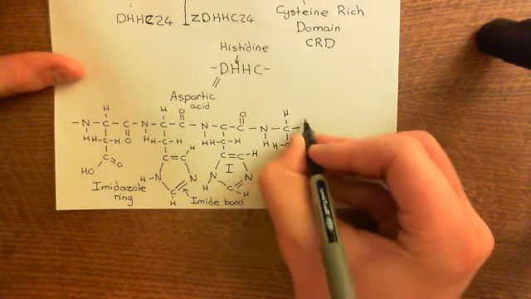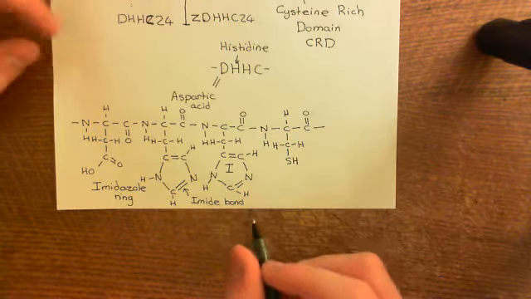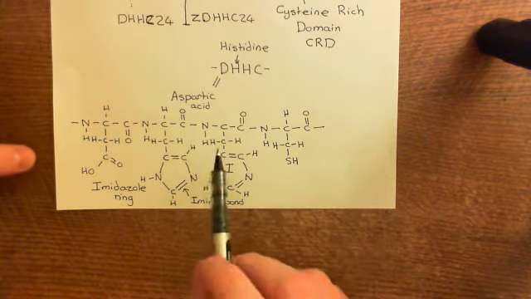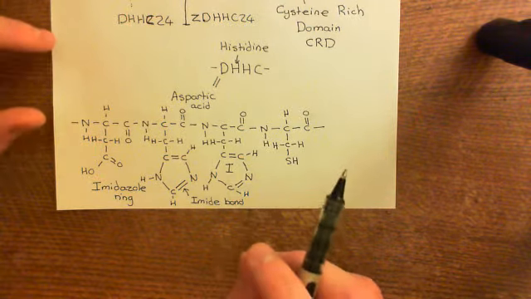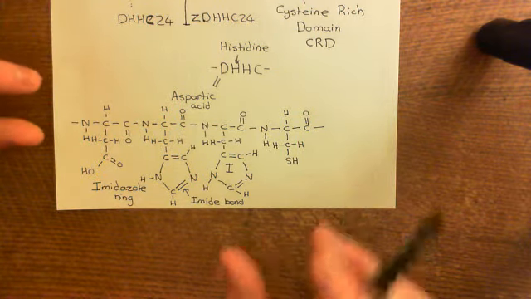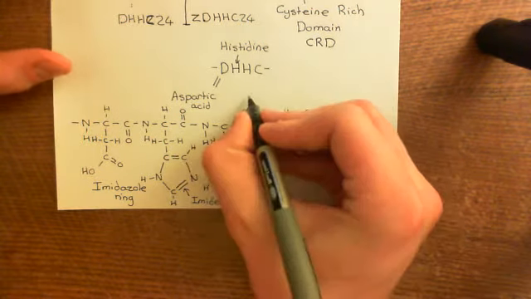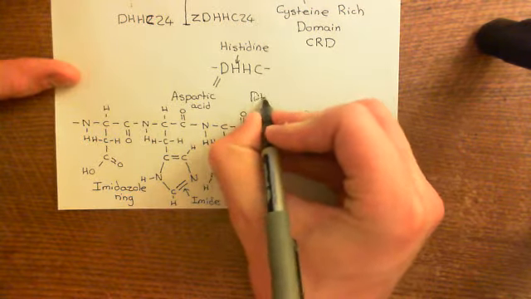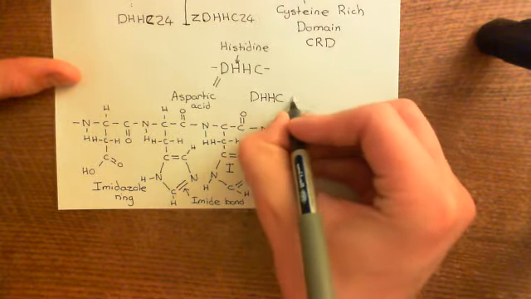Okay, and then of course you'll have the carboxylic acid group, which will be involved in an amide link to the next amino acid along. So basically, in all of these enzymes, you have a cysteine-rich domain, a CRD, and in this cysteine-rich domain you have one of these little motifs, as it's called. It's called a DHHC motif, and it's part of the cysteine-rich domain.